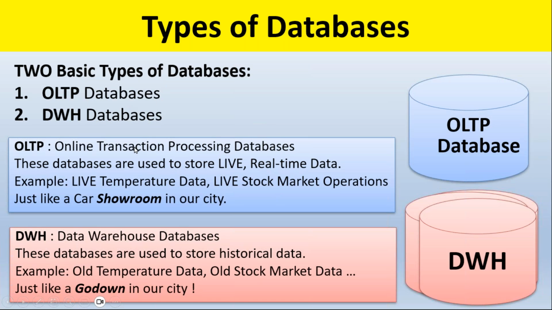OLTP databases will take care of this live real-time and near real-time data. As a data engineer, we need to read and filter OLTP data. Then we have the warehouse, our actual course. Pick data from OLTP, load it to the warehouse.